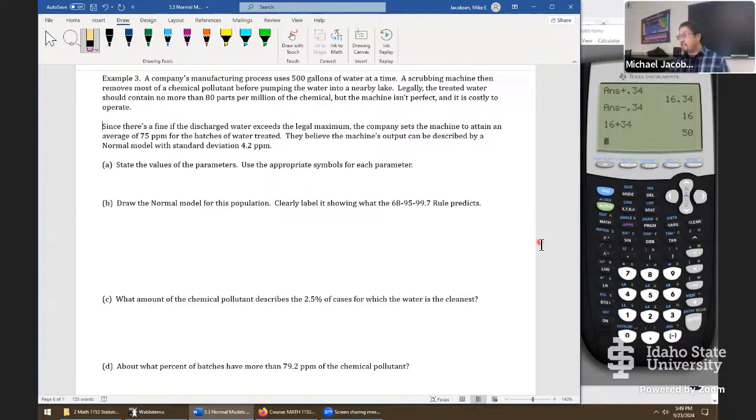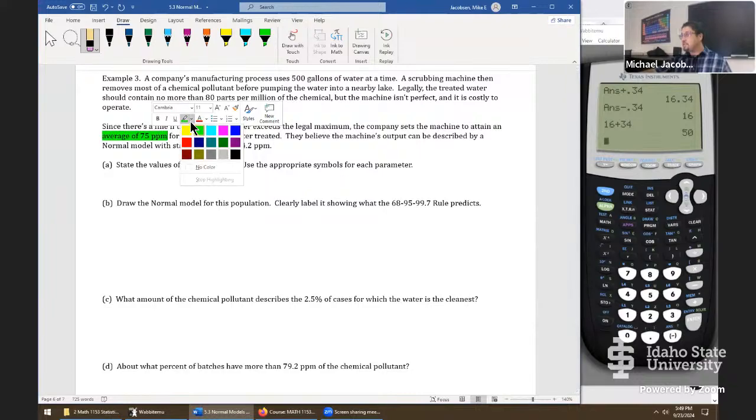It goes on to say, since there's a fine if the discharged water exceeds the legal maximum, the company sets the machine to attain an average of 75 parts per million for the batches of water treated. So they believe the average is now 75 parts per million. Let's highlight that there. And by the way, if you see average, just think mean.